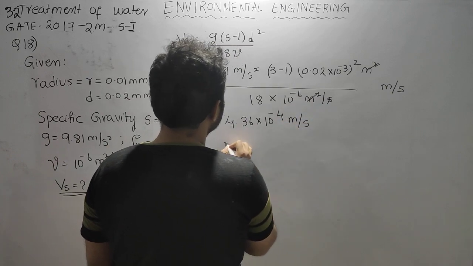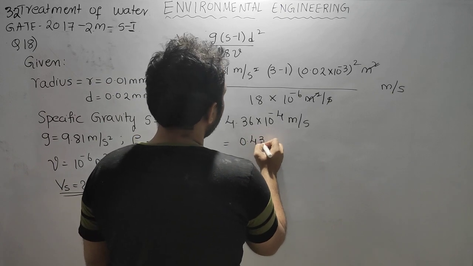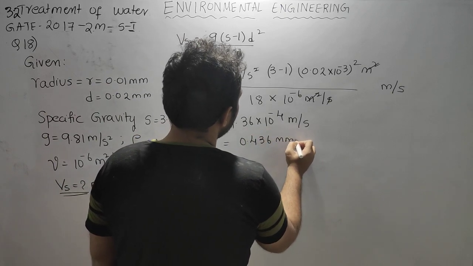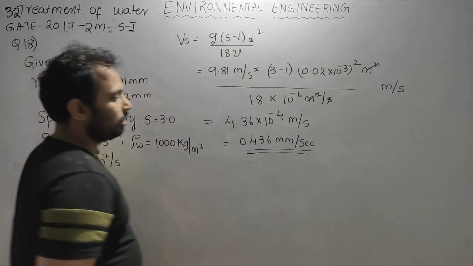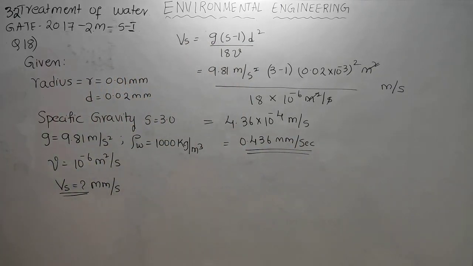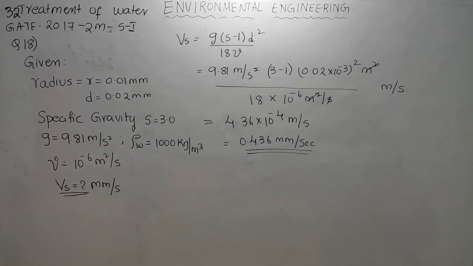But here it is asking in mm per second, so it is 0.436 mm per second. That is the settling velocity. This is question number 18.